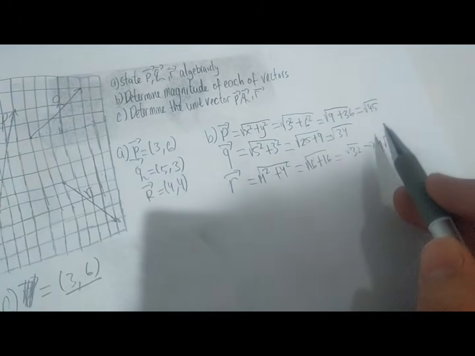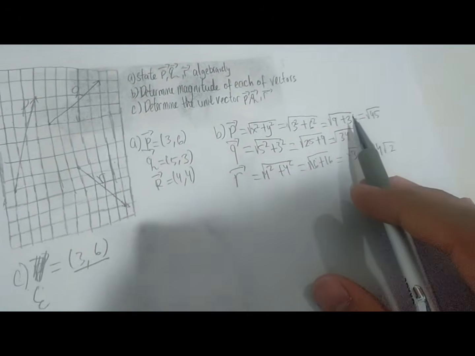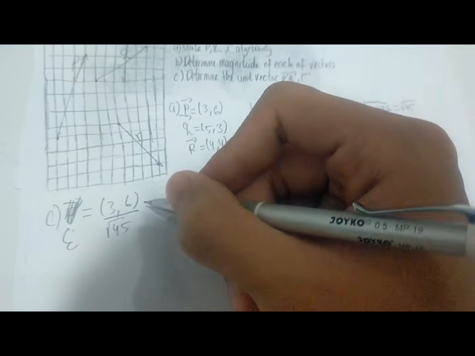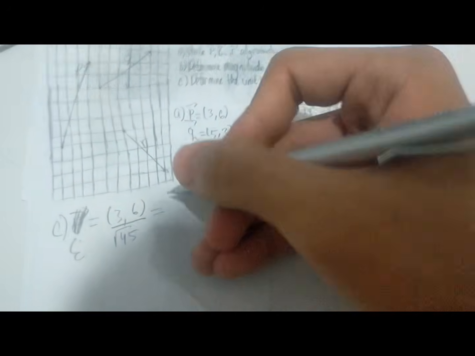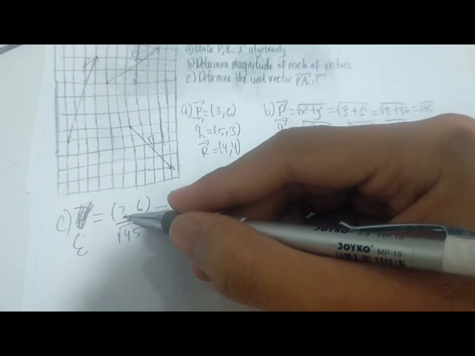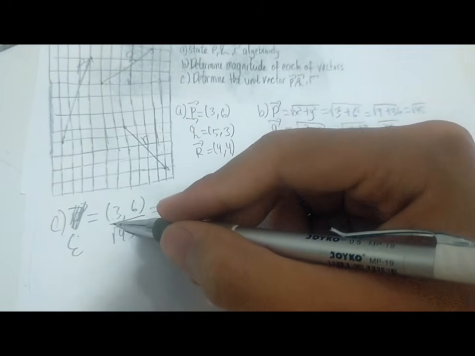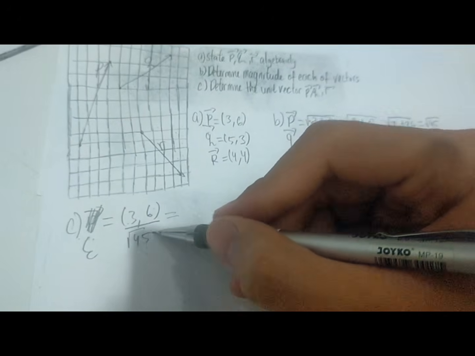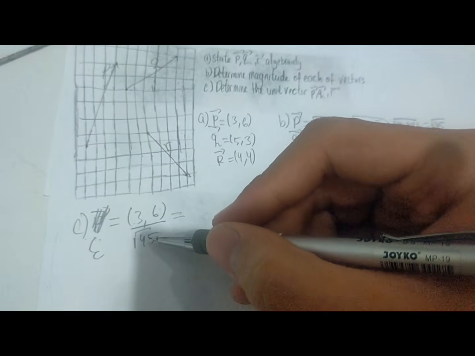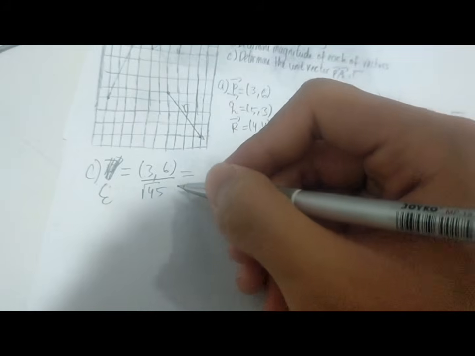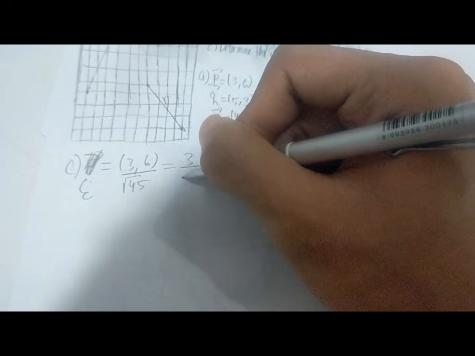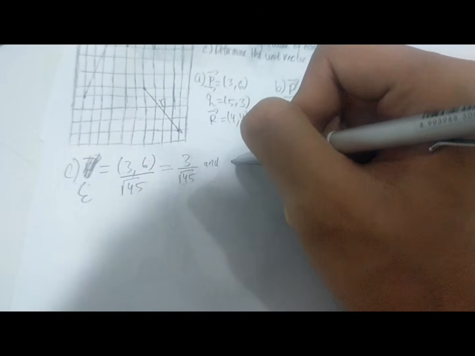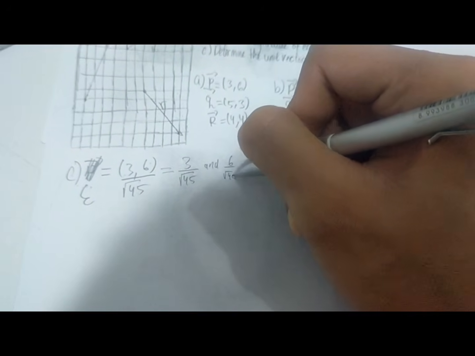Divided by root 45, the result is two coordinates with the same number at the bottom. So it is 3 over root 45 and 6 over root 45.